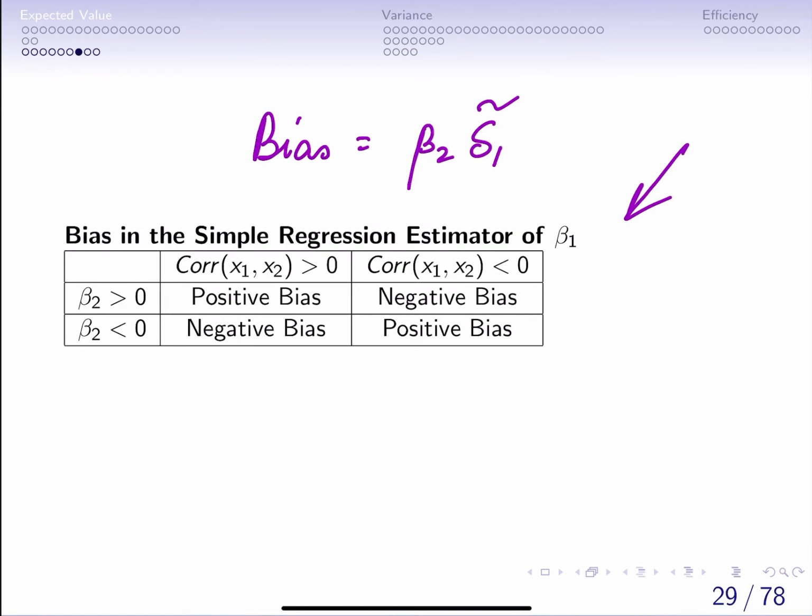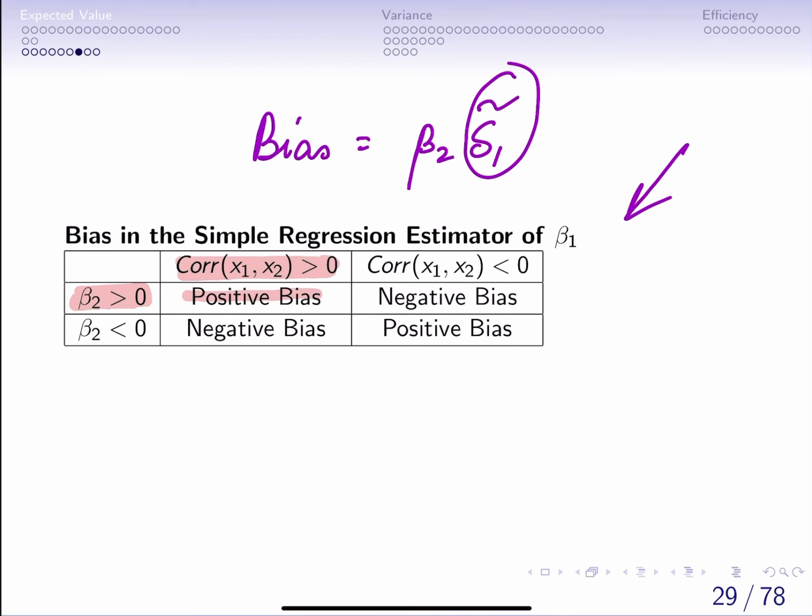So delta 1 tilde is basically going to capture the correlation between x1 and x2. Here it's showing you that, let's say, beta 2 is greater than 0, and the correlation between x1 and x2 is also greater than 0, then the product is going to be positive, and so it's going to cause a positive bias. So you can see how the whole table makes sense.